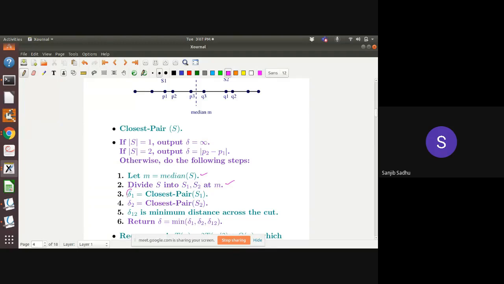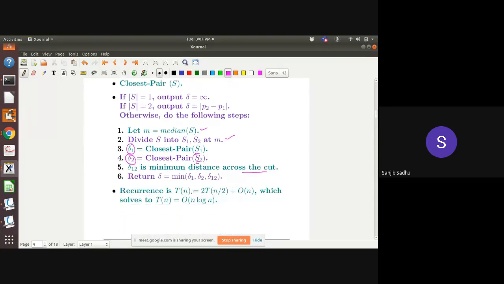That value will be delta 1 for the left part S1, delta 2 for the right part S2, and delta 1 2, which means the minimum distance across the cut. Across the cut means across this median cut. So what should I return? I should return the minimum of these.